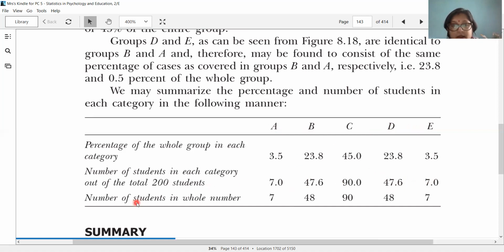Now we can convert this into whole numbers: 7 for 7.0, 48 for 47.6, 90 for 90.0, 48 for 47.6, 7 for 7.0. So it is all about this application.